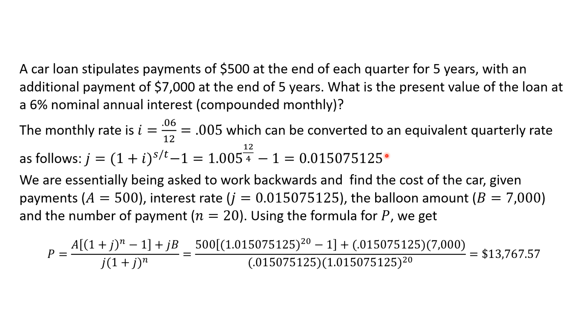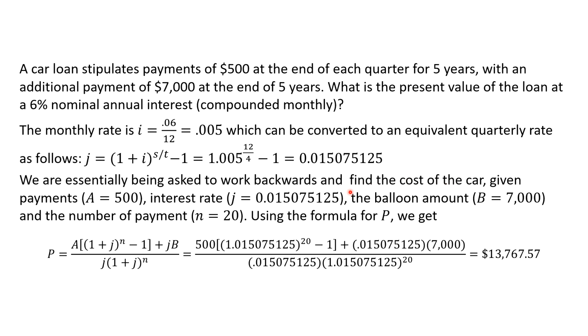And remember from the previous lesson where I cautioned about truncating, you want to keep a large number of decimal places here, especially when you're raising something to high powers, so you don't have any rounding issues.